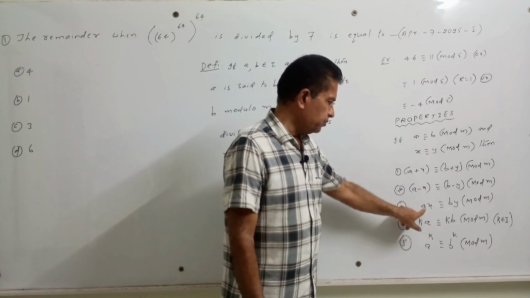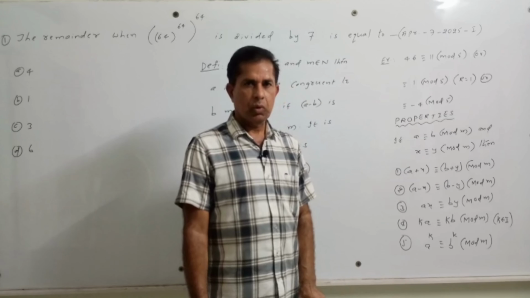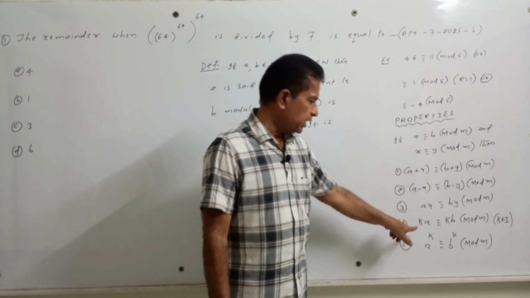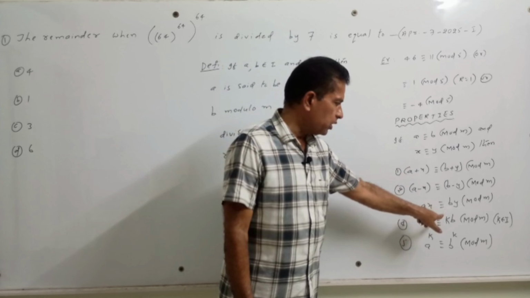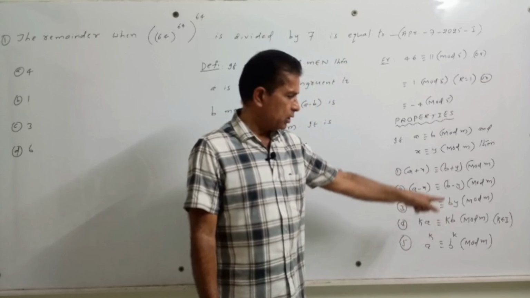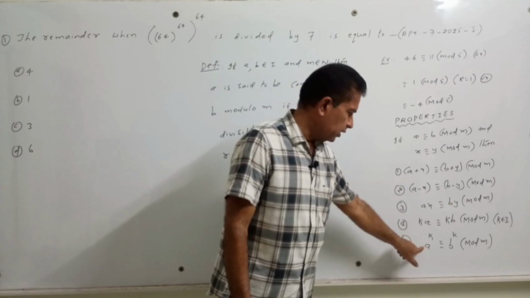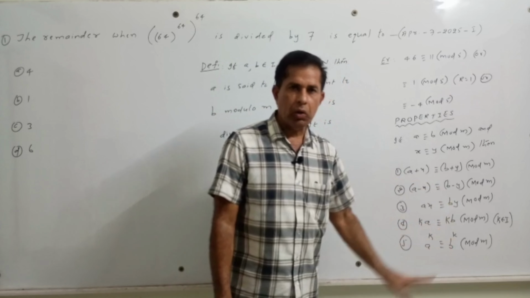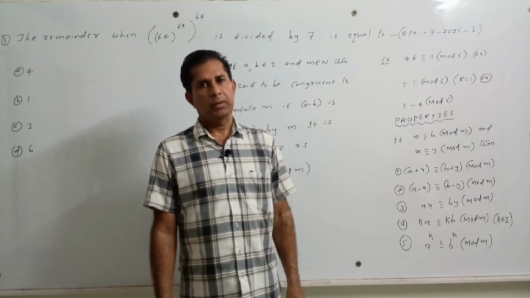By multiplying them, ax ≡ by modulo m. No division. Fourth, multiplying both sides with some integer k, ka ≡ kb modulo m, where k is an integer. Raising to the power k, a^k ≡ b^k modulo m. So you have to remember these properties.